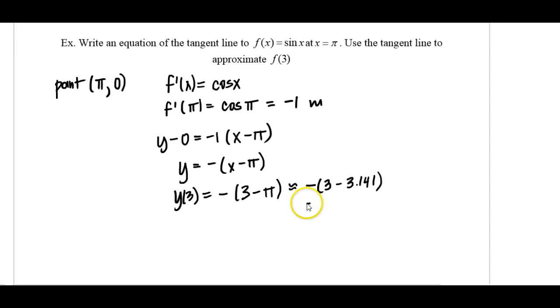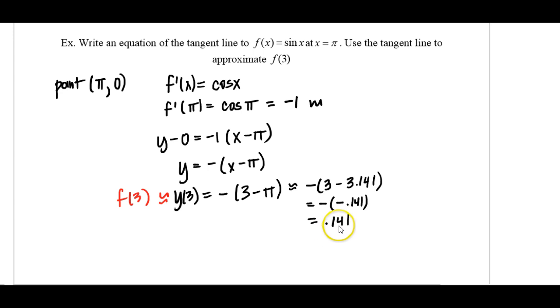And if I keep going with this, now this is negative, and if I subtract, I'm going to get negative 1.141, and the two negatives are going to cancel, and I'm going to get 0.141 as my approximation to y of 3. So it's almost like I'm now approximating an approximation, because ultimately this y of 3 was approximating f of 3. But I needed to approximate the value of pi if I were attempting to find a decimal approximation.